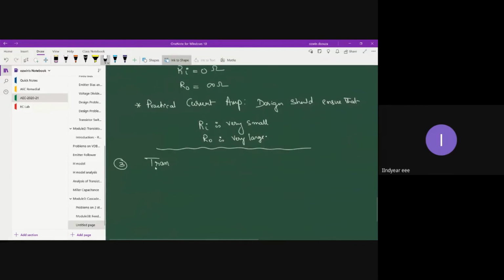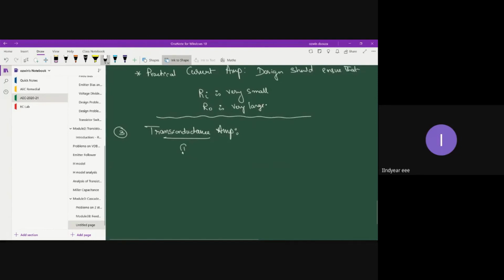Fine. Next is the transconductance amplifier. In the case of a transconductance amplifier, in order to construct the equivalent circuit, first you write down the gain expression. So conductance, right? How will you find conductance? By taking the ratio of current by voltage. So this gain, let's take it as Gm. Conductance we define by a capital letter G. What is your output variable?